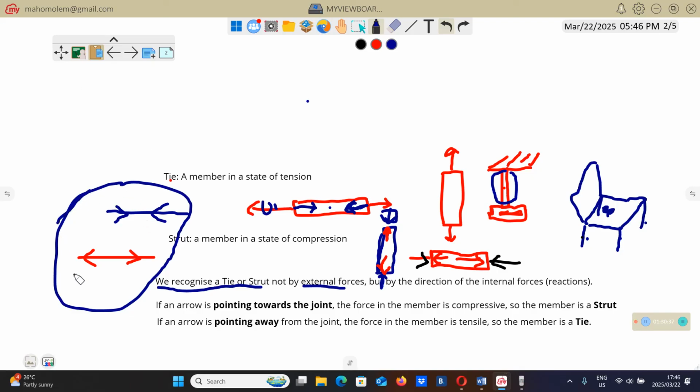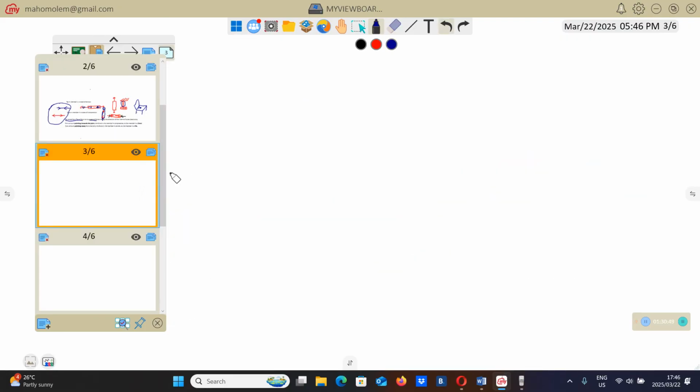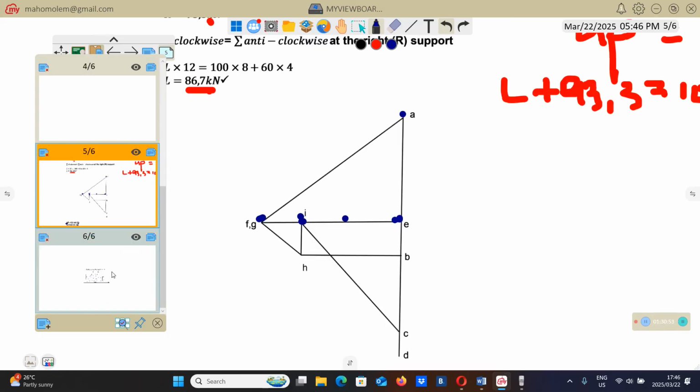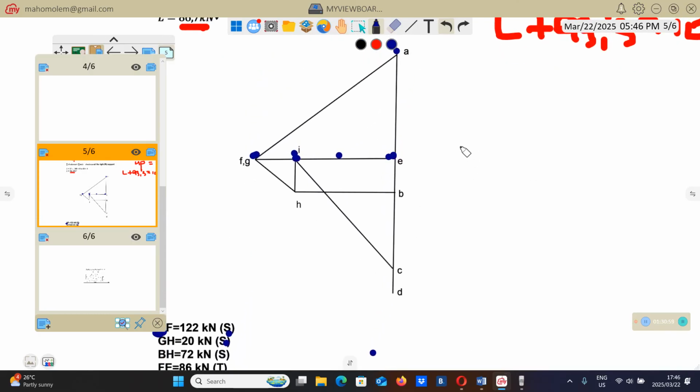I'm going to draw these things. Where is that page? Yeah, let me use this space.